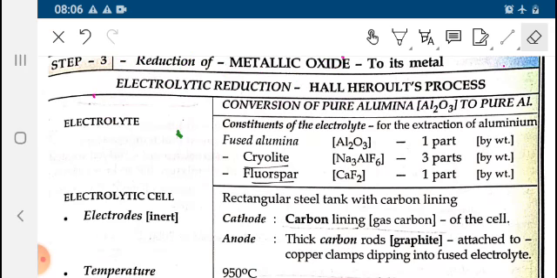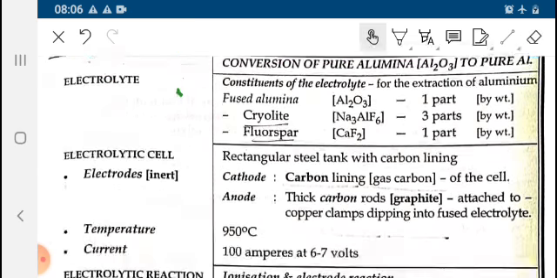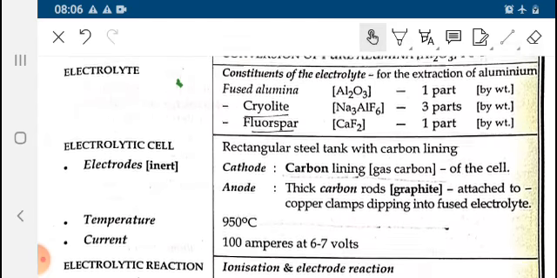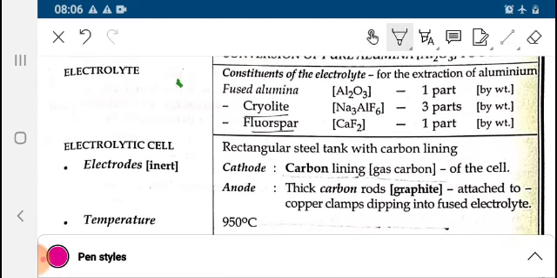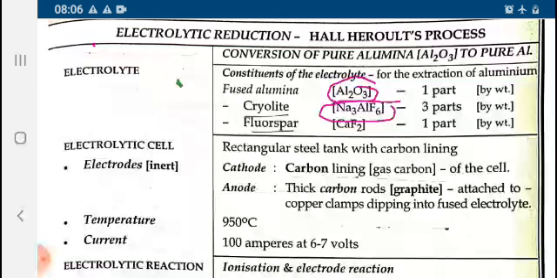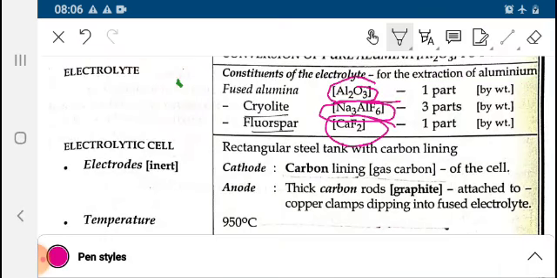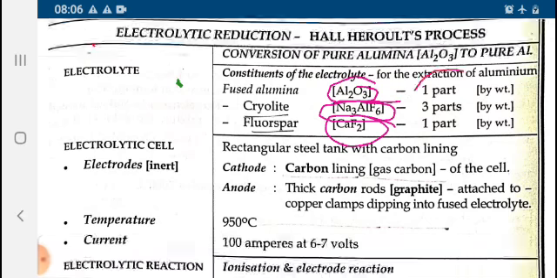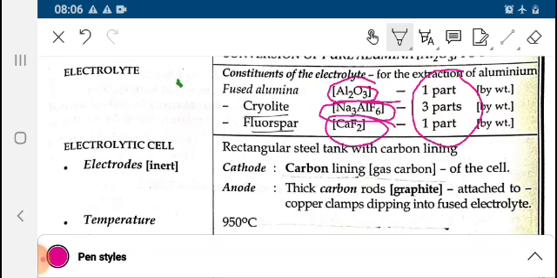First of all, it is done for electrolytic reduction. Second, in this an electrolyte is used. What is the electrolyte? Our alumina, Na3AlF6, cryolite and fluorspar. These are the 3 components used for the electrolysis process, in the ratio 1:3:1.